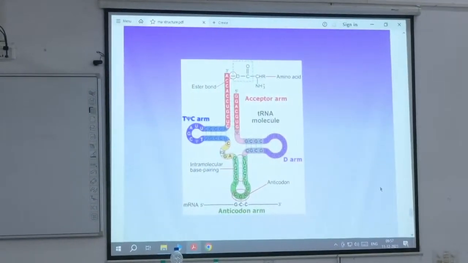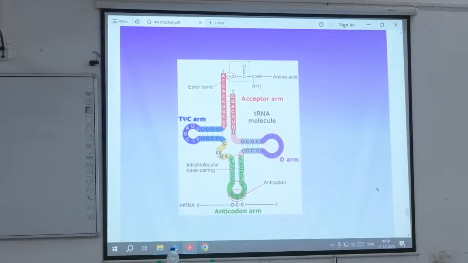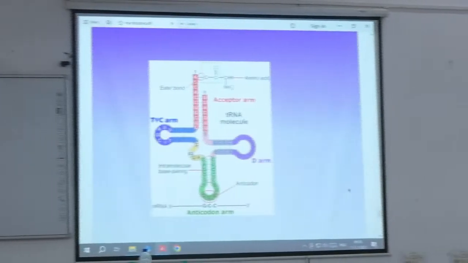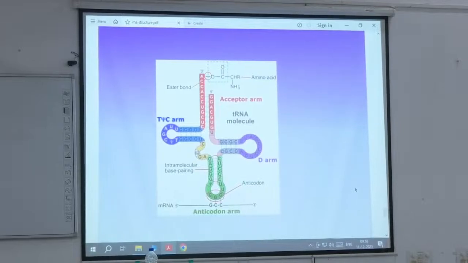What is this S? 60 plus 40, how did it become 100? Yeah, it's Svedberg units. It is the speed of sedimentation in which they are settling.